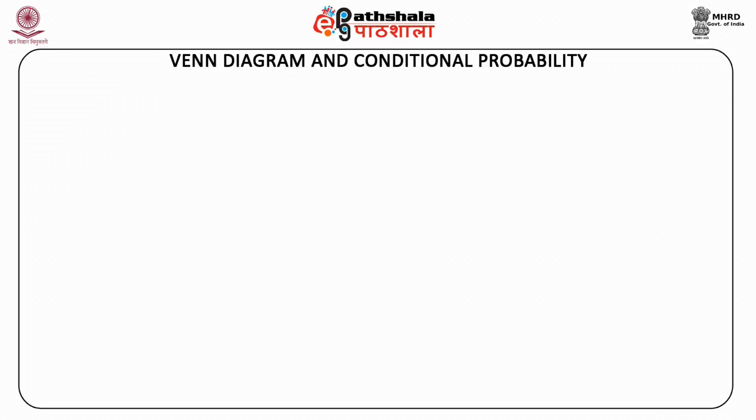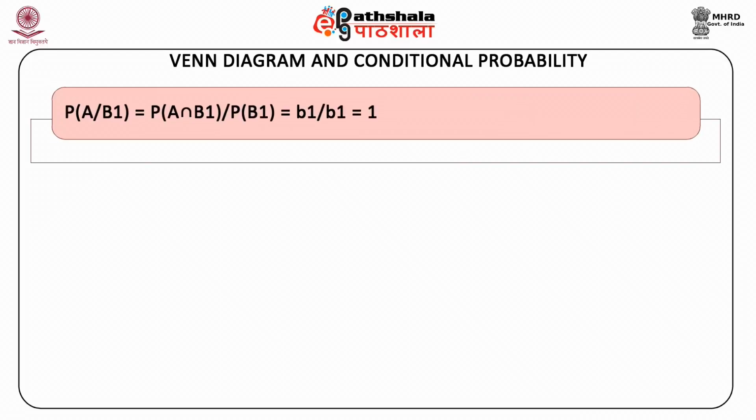Probability of A given B1 is equal to probability of A intersection B1 upon probability of B1, which is equal to B1 upon B1, which is equal to 1.